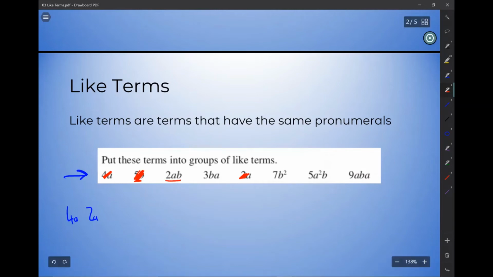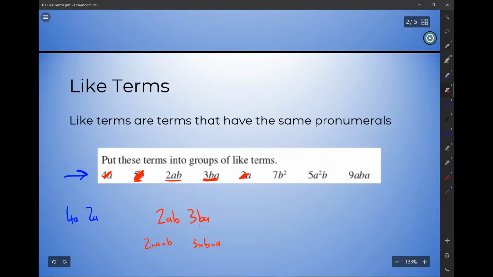Let's look at our next one, 2ab. Can you see any like terms of 2ab? There is actually one here, and it's 3ba. This is a really important point, everyone. 2ab and 3ba are like terms because remember, this means 2 times a times b, and this means 3 times b times a.